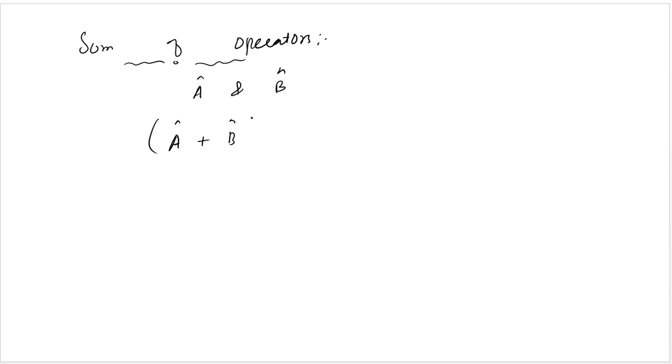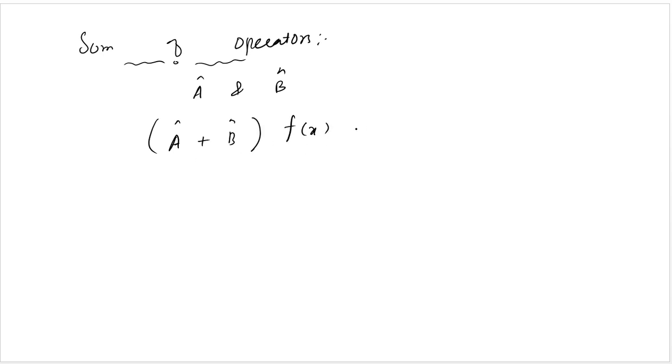How to sum the operators? Okay, sum of operators. So they don't follow the usual ordinary algebra. So they have their own algebra. Okay. Let's suppose we have two operators A and B. If we have to take the sum of the two operators, we simply write A plus B operator, which is operating on some function f of x.